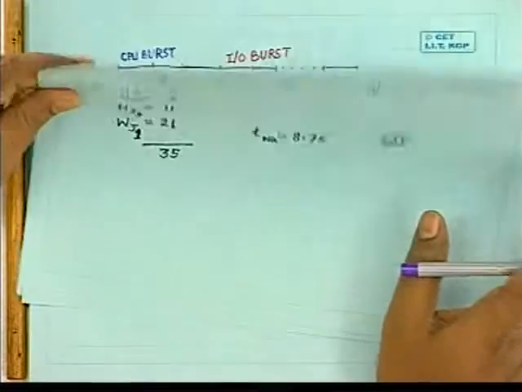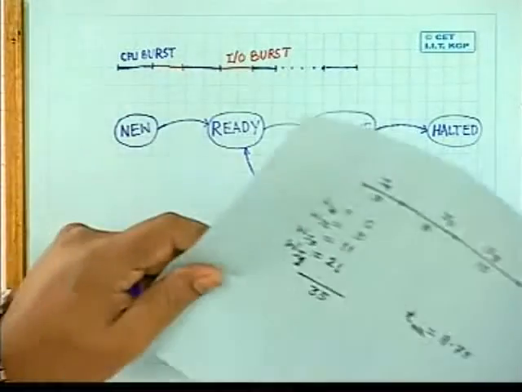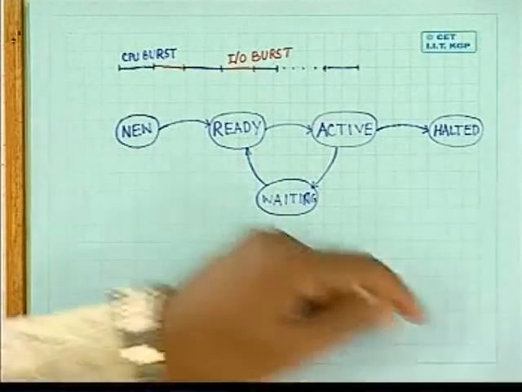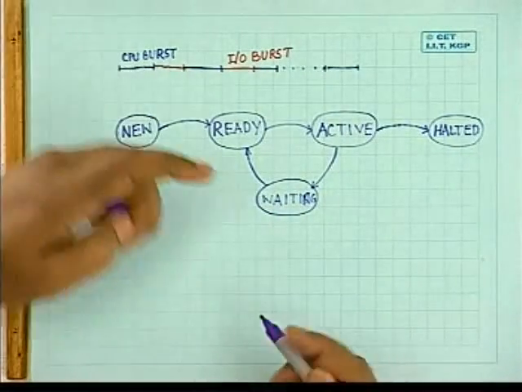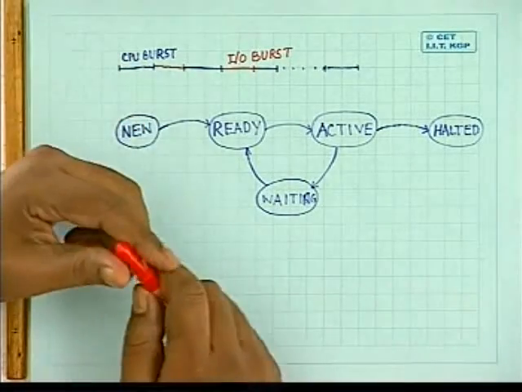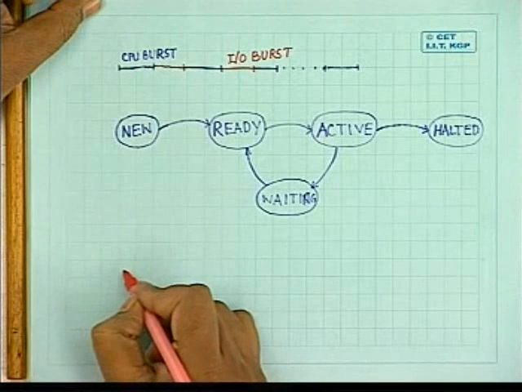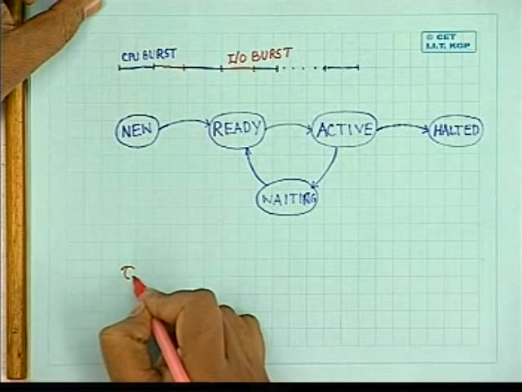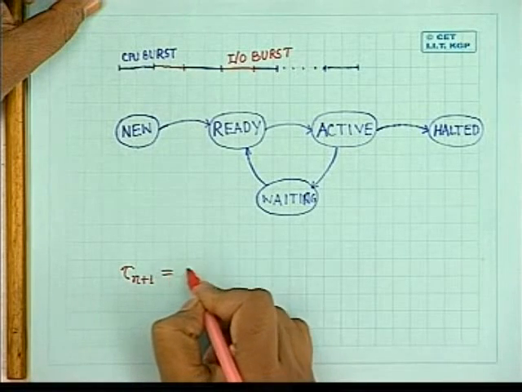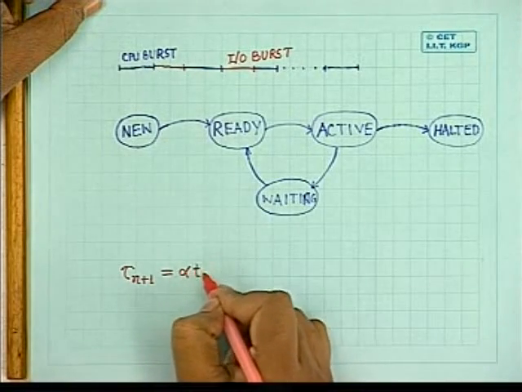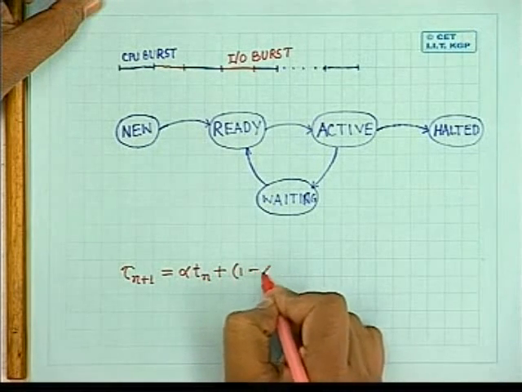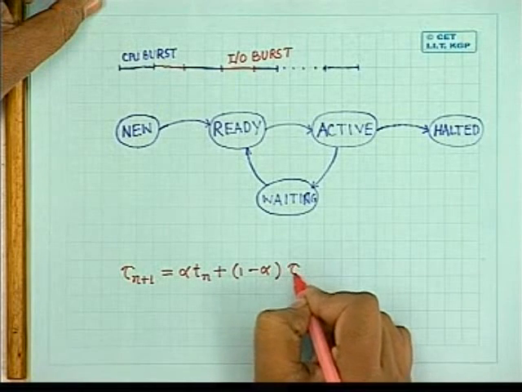So we have to go for some prediction of the next CPU burst time. For that, you use a predictor, and the predictor is of this form: tau n plus 1 is equal to alpha times Tn plus 1 minus alpha times tau n.